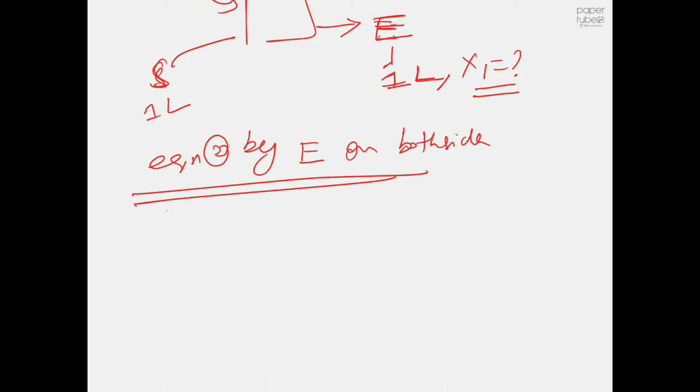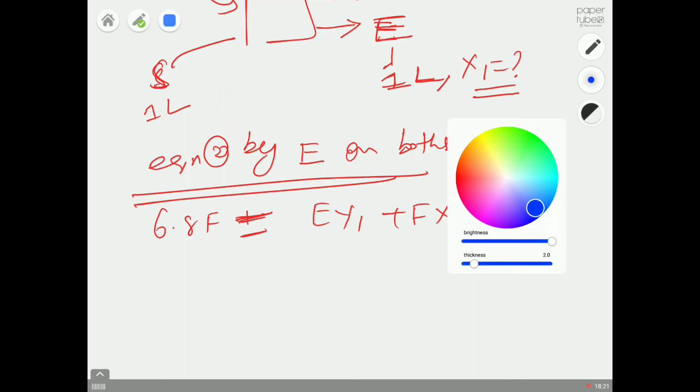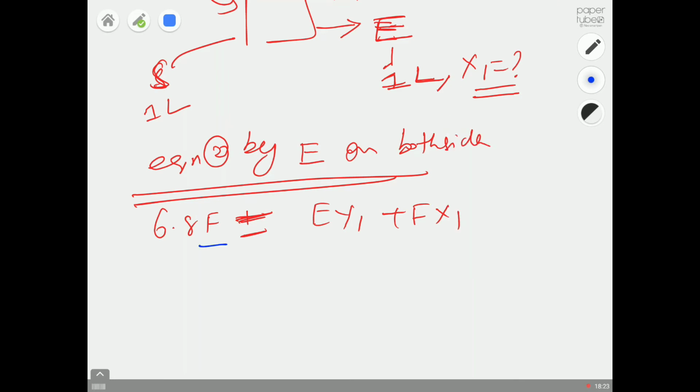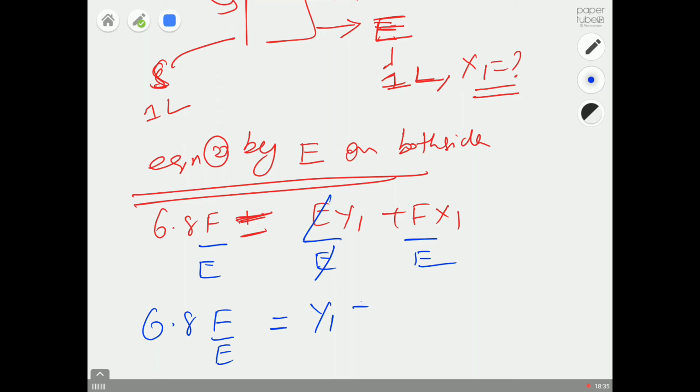Okay, let's calculate it. So 6.8 F plus E equals E y1 plus F x1. Let's divide the whole expression by E. So E and E get cancelled, and we end up with 6.8 F by E is equal to y1 plus F by E x1.